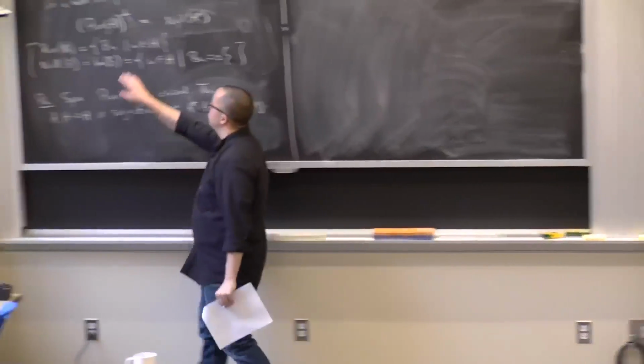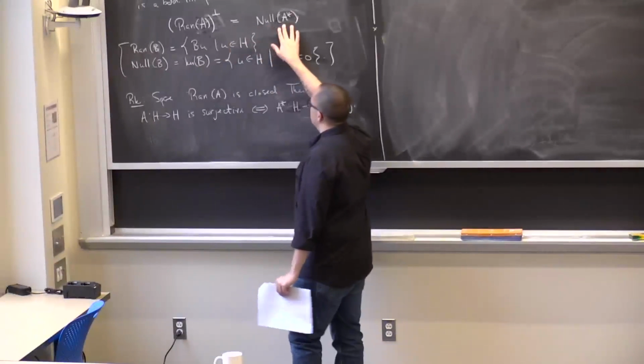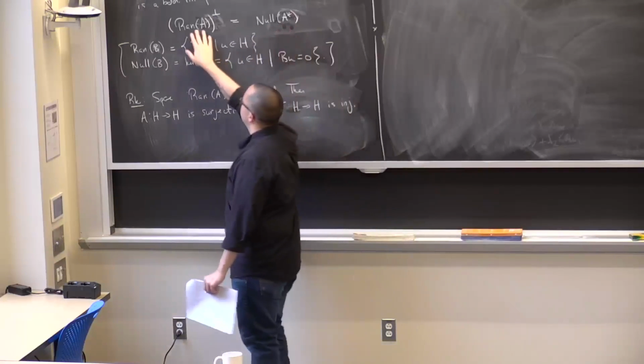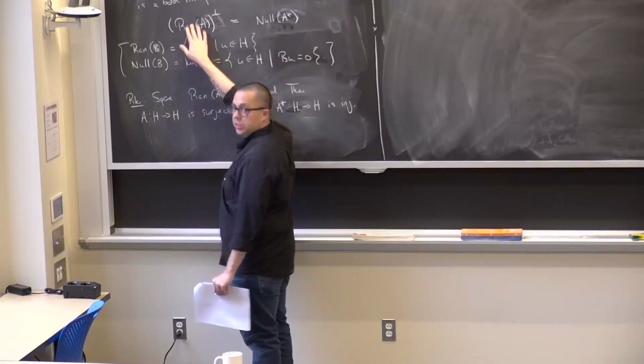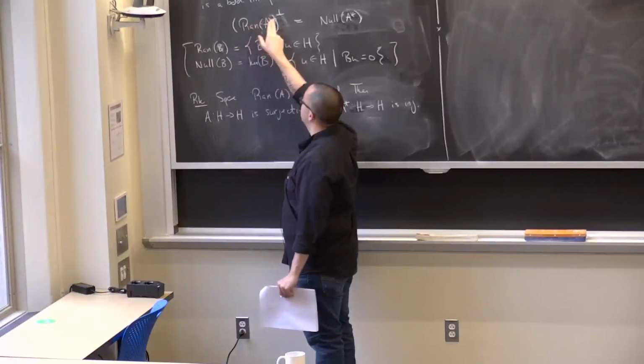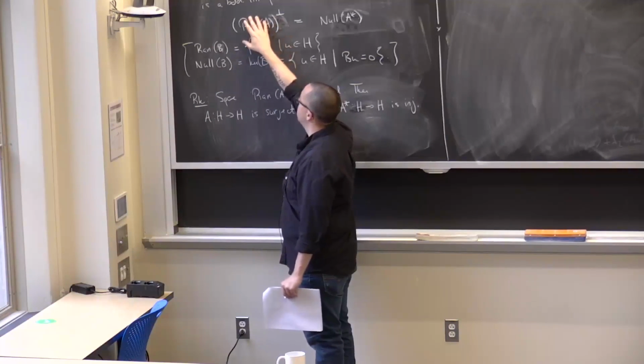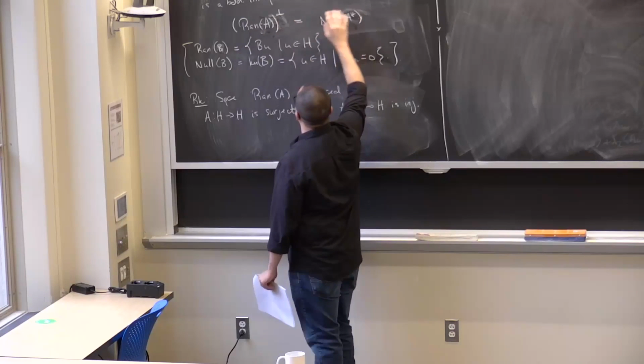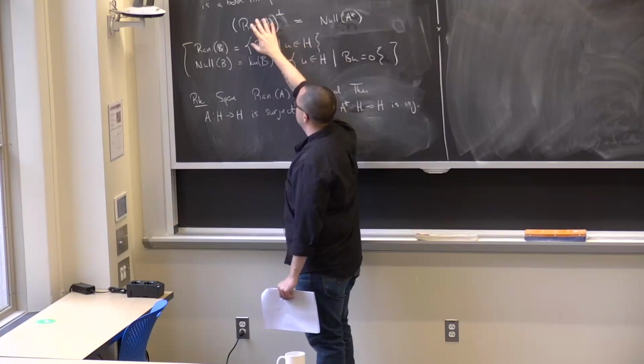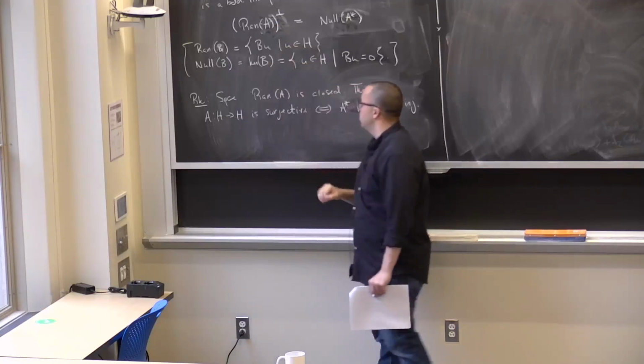First off, it's easy to see: if the range of A is equal to H, then the orthogonal complement of H is the 0 vector. So the null space of the adjoint is just the set containing the 0 vector.